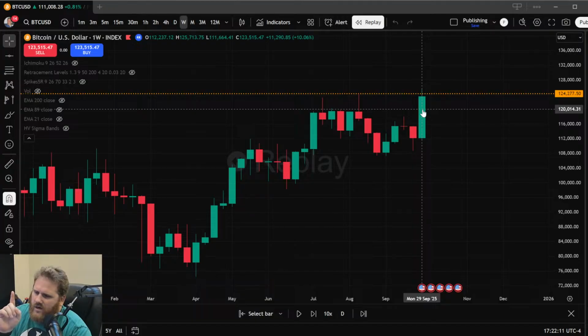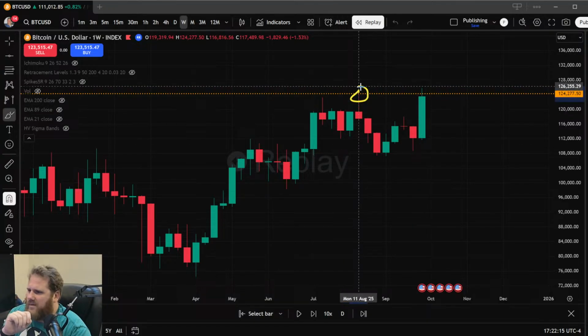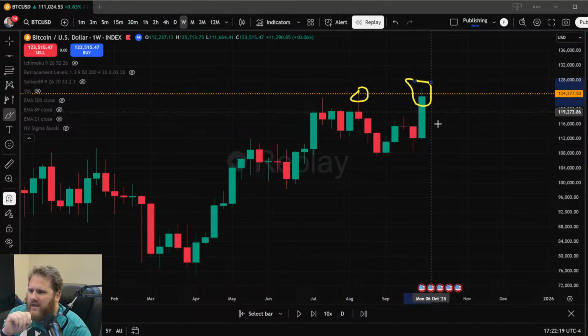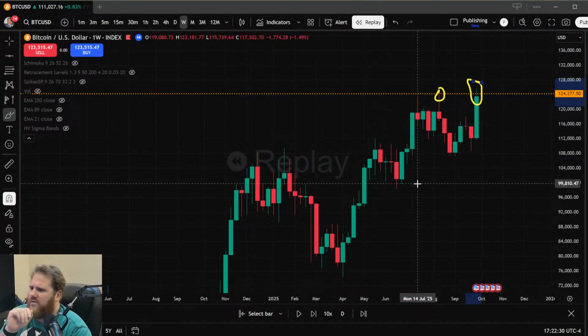This is the September 29th weekly bar. Here is the past all-time high, and here is that weekly bar. They came up, made a new high, and then closed back inside that last all-time high. That is a failed breakout. What does a good breakout look like?